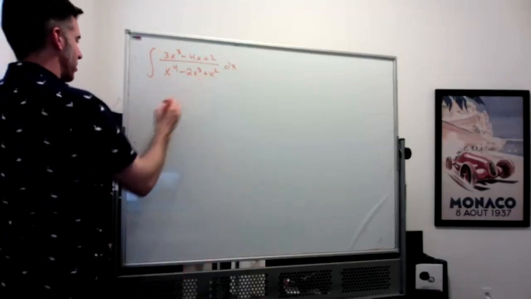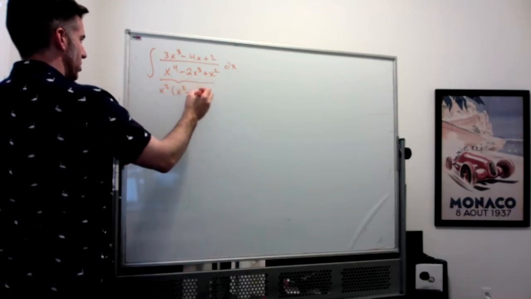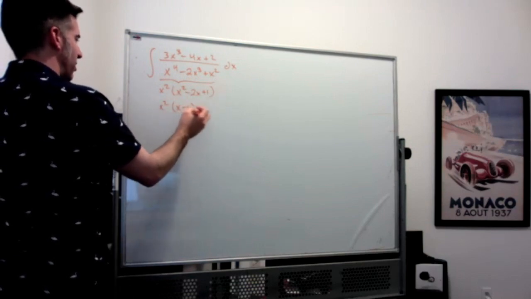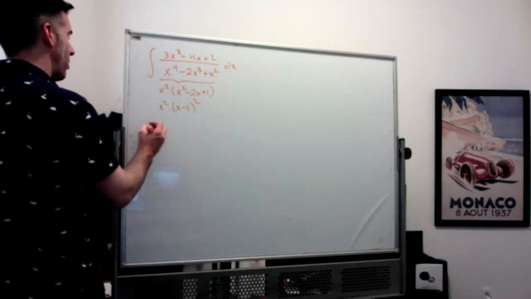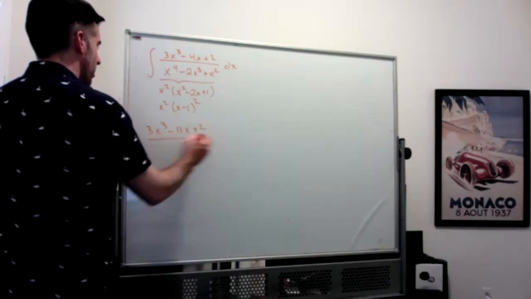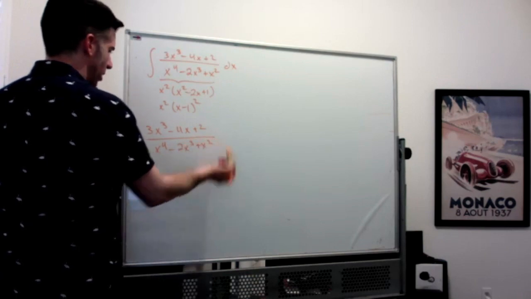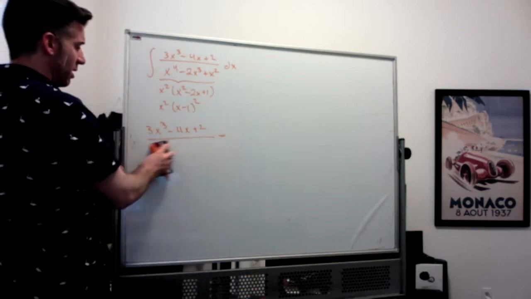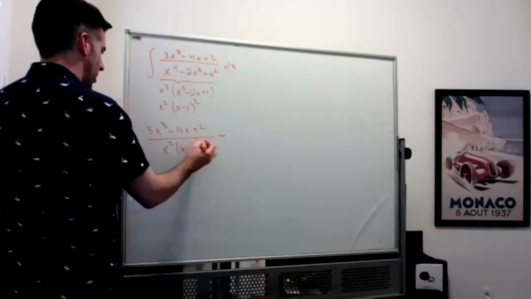So this bottom factors as, let's see, that's x squared times x squared minus 2x plus 1. And then this factors further as x squared times x minus 1 quantity squared. So I'm going to write my partial fraction decomposition, 3x cubed minus 4x plus 2, divided by x to the 4th minus 2x cubed plus x squared, as, well, first of all, I'm going to rewrite the denominator, x squared times x minus 1 squared.